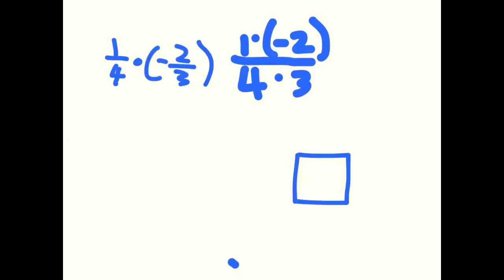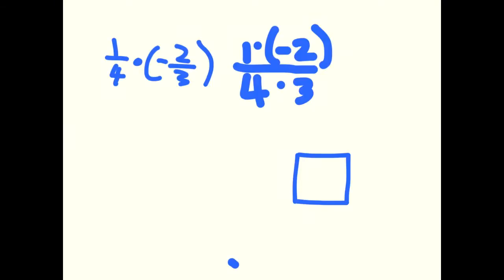So we're going to see if any of this can go into each other. As you can see, 2 is a multiple of 4, and 2 multiplies to 4. So this is going to be a -2. This is going to be a 1. Wait, hold on.